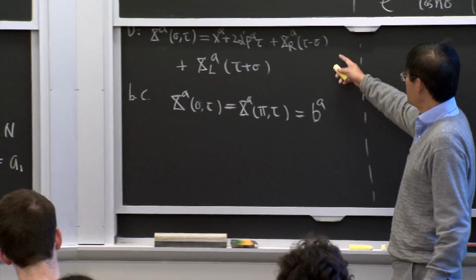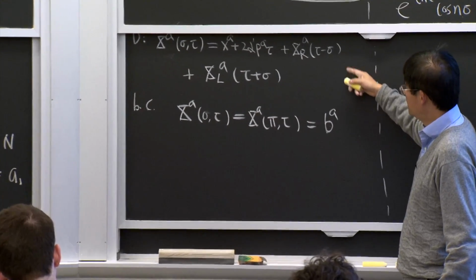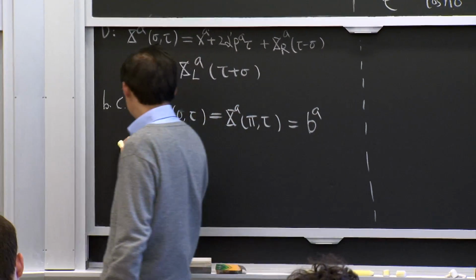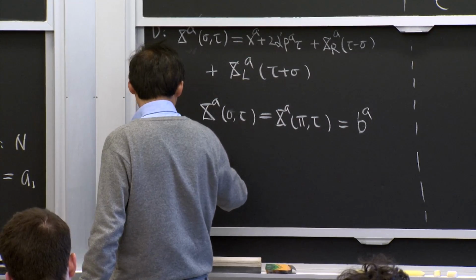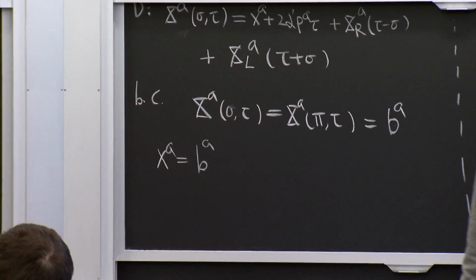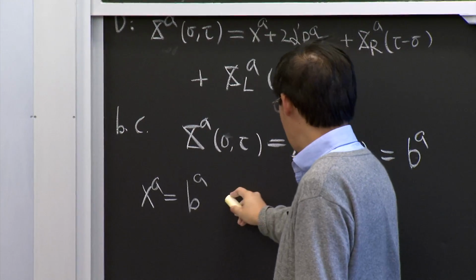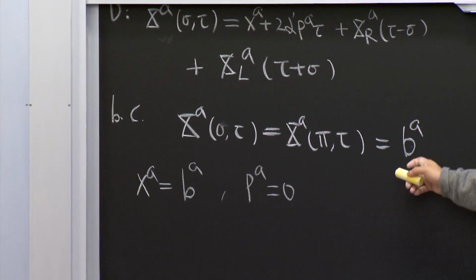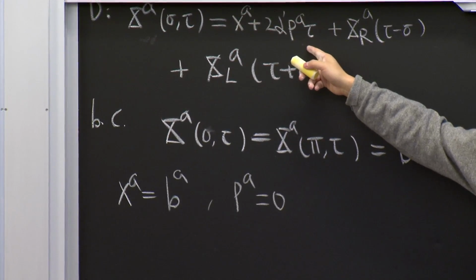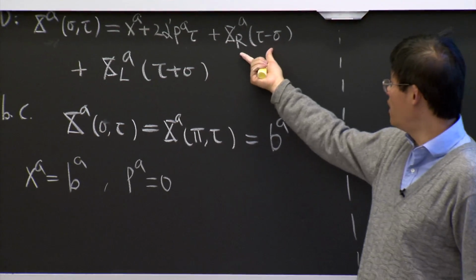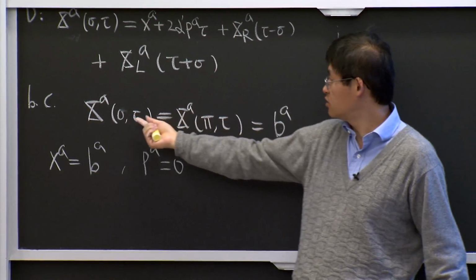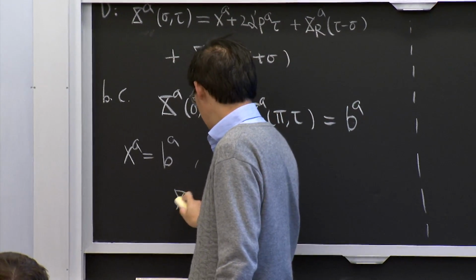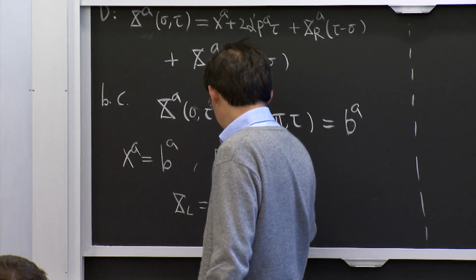Now we have to impose this boundary condition. You can immediately see that because of this boundary condition, x^A has to be b^A. And p^A has to be 0, otherwise you won't satisfy this condition because this changes with time. Then you want the sum of them to be 0 at sigma equal to 0. So that gives you XL equal to minus XR.